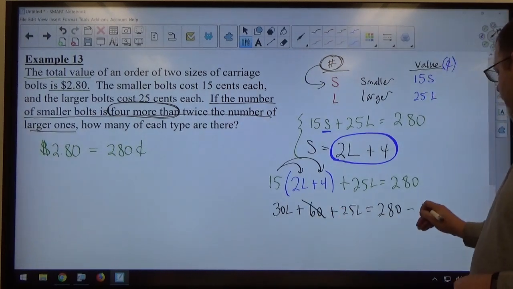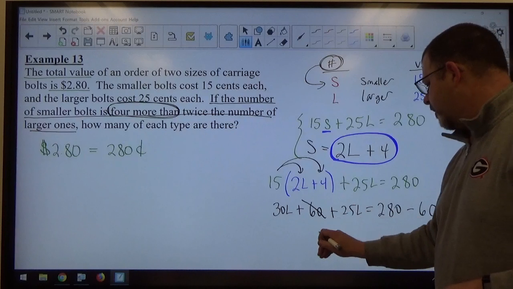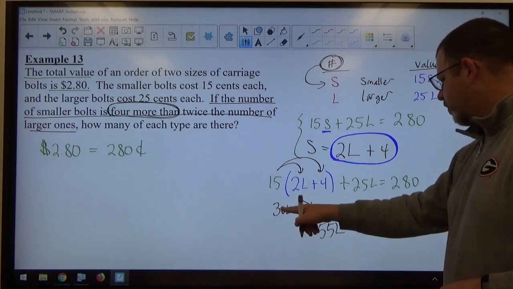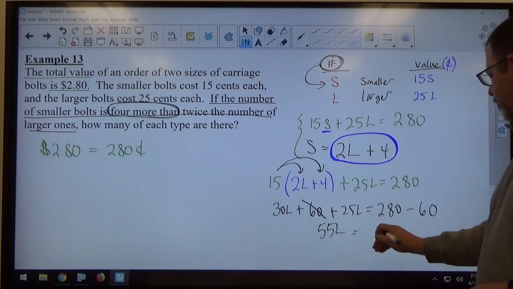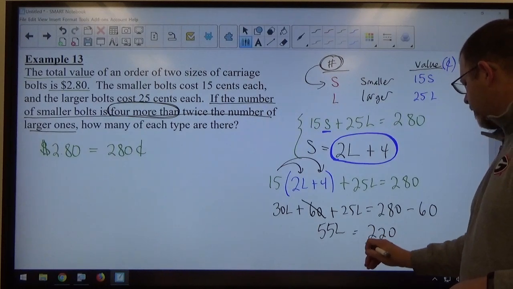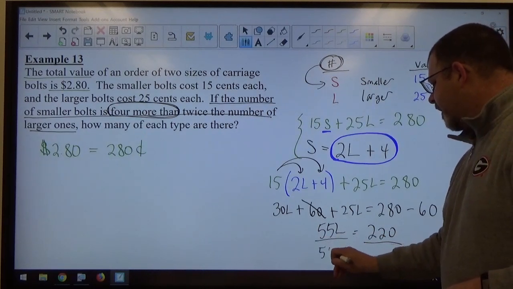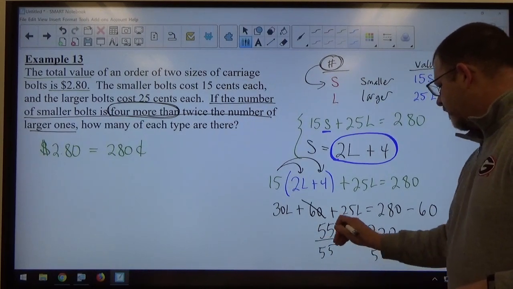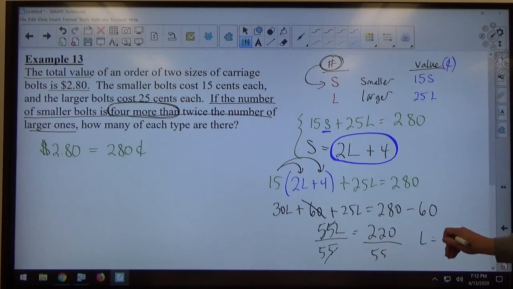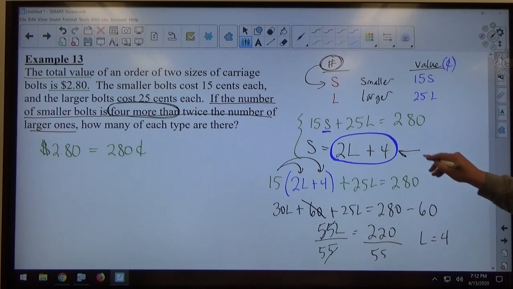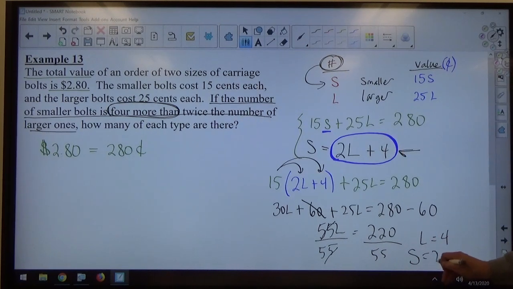Move the 60 over now that the parentheses are gone, so we get 55L if I add the two L terms together, and 220 on this side. We divide both sides by 55. That leaves me with L equals 4. If I go back, S equals 2L plus 4.